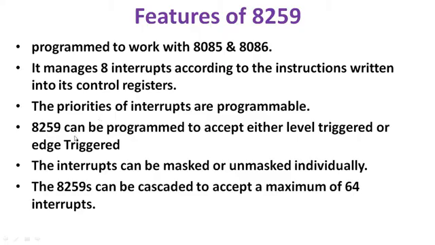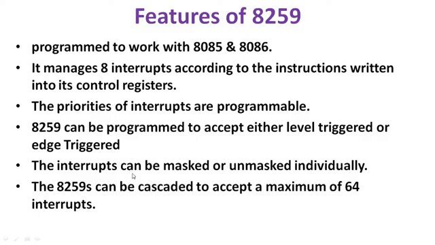Then 8259 can be programmed to accept either level triggered or edge triggered. So here all the interrupt pins can be configured as level triggered or edge triggered. We cannot mix level triggered and edge triggered interrupts. We have to configure either all level triggered or all edge triggered.